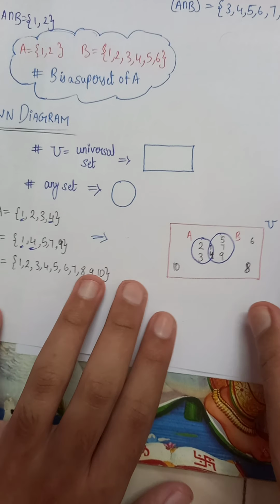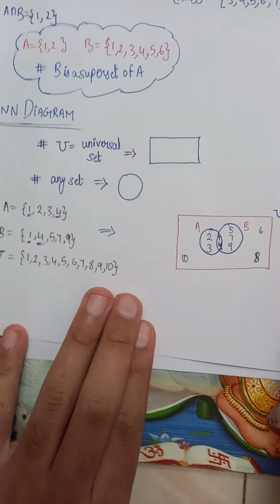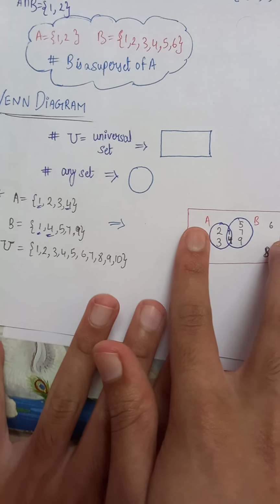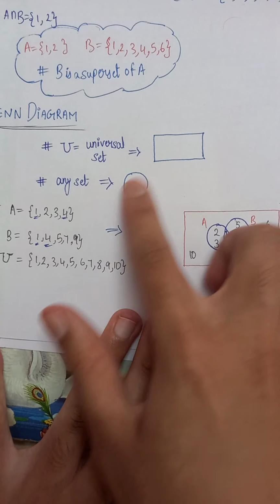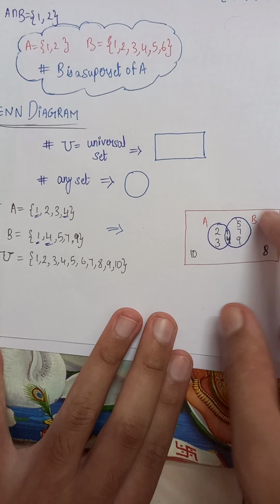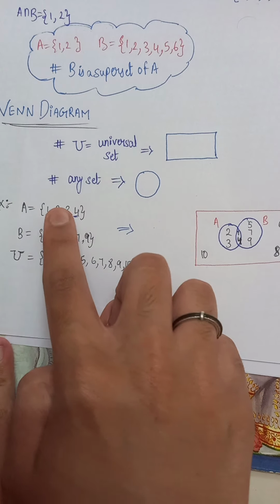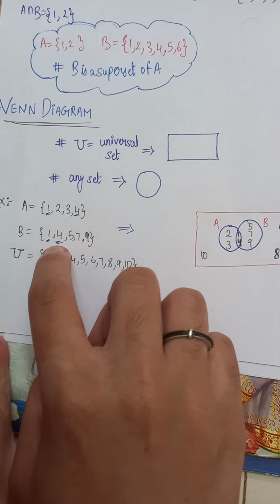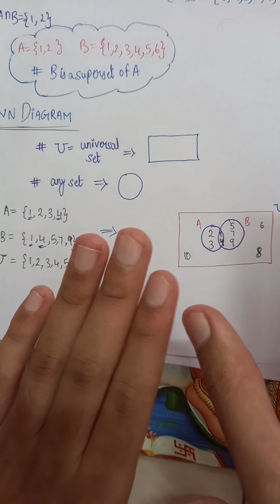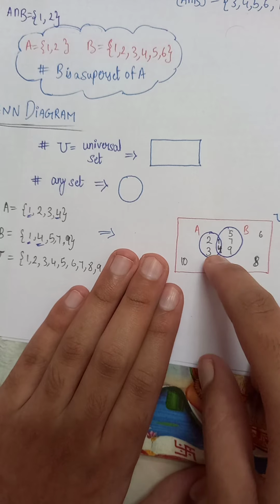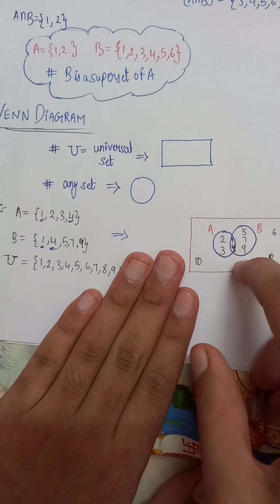I hope you understood. I'll explain it once again. We represent the universal set with a rectangle, and any set, like set A and set B, we represent with a circle. The common part, 1 and 4, are the common elements in both A and B, so we write them in the common part. Then the elements 2, 3, 5, 7, 9.